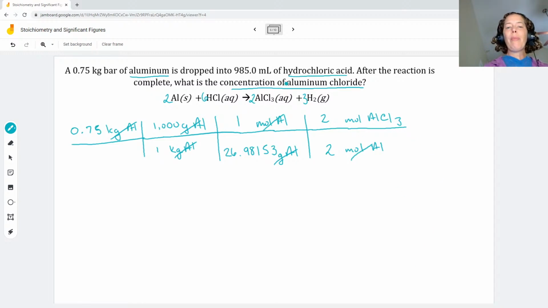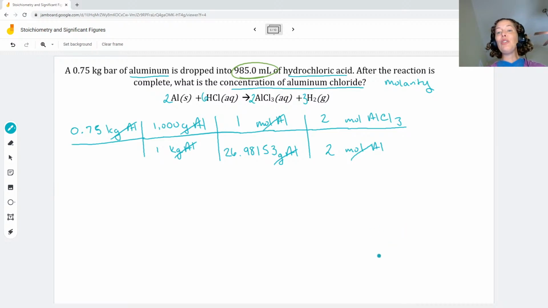Now, when we talk about concentration, there are multiple ways to measure concentration. In the absence of any more information, this is going to be molarity. Because I know I can get to moles, I've actually just calculated moles, and I also need a volume, which is actually right here.